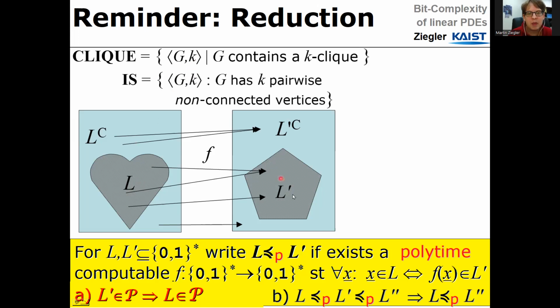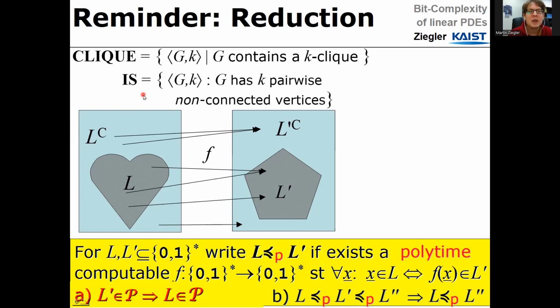And another decision problem, which corresponds to L prime here, is independent set, which asks similarly whether the given undirected graph has k pairwise non-connected vertices. So these are two decision problems, and actually their computational complexity is not known. So this is just a perfectly suited example for what we have discussed as an application. Namely, although the computational complexities of clique and independent set are not known, still they can be compared.